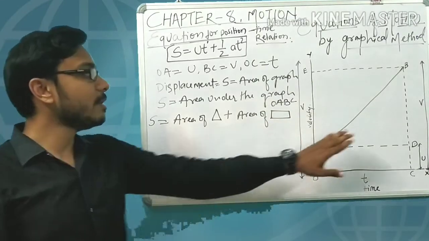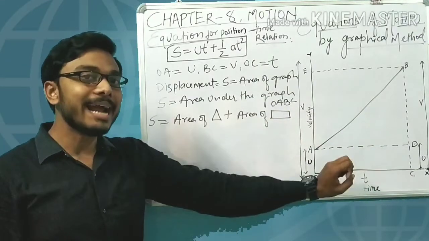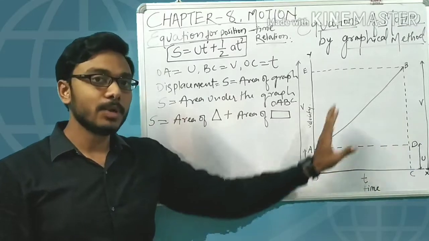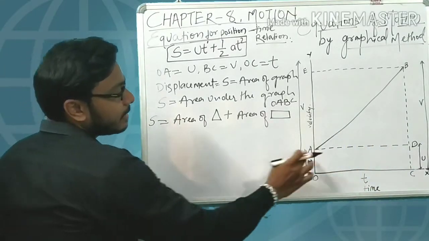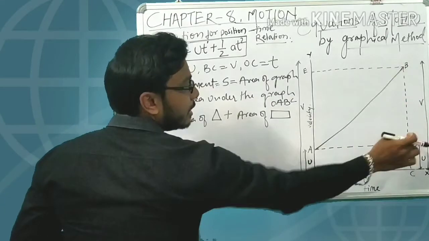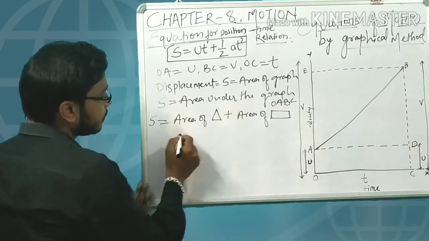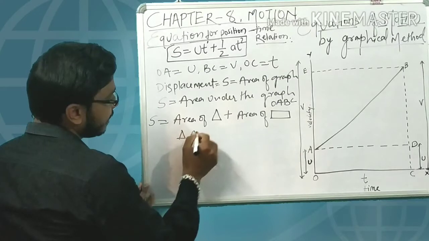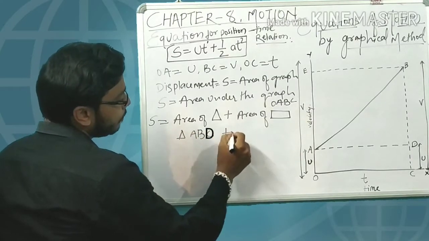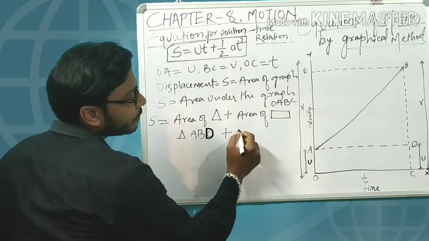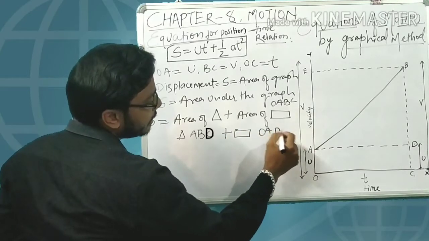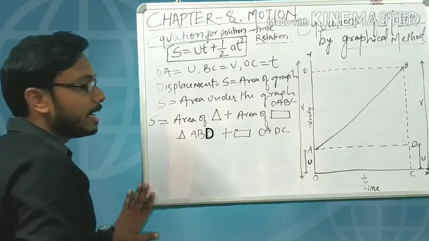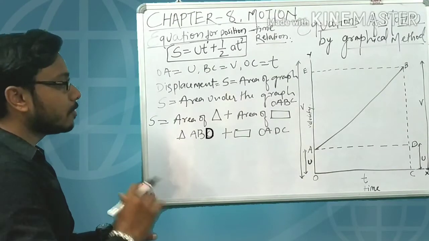We will find these areas separately, then add them to get the area of the trapezium. The triangle is ABD, plus the area of the rectangle, that is OADC. And now we will substitute the values of all this.